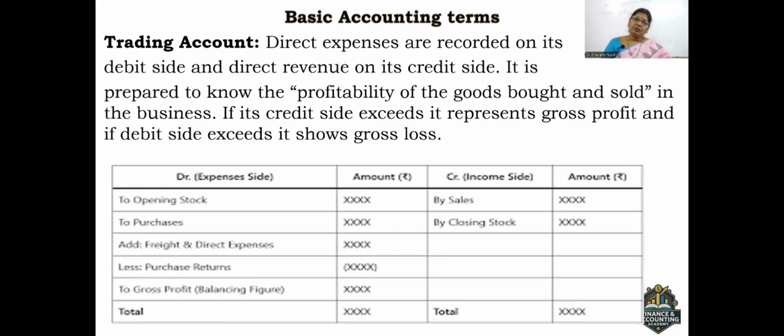In the trading account, all the direct expenses we will record on the debit side, and whatever the revenues are, see, sales is our revenue, so we write it on the credit side. On the debit side, we write all the expenses. On the credit side, we write all the incomes. When incomes are more than expenses, then we get gross profit.